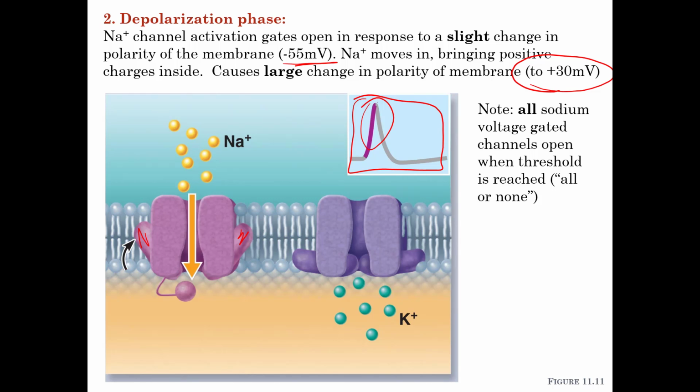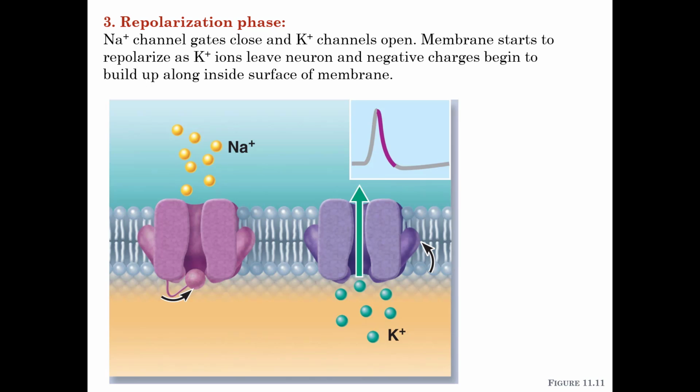Depolarization, or the change to plus 30 millivolts, causes two things to happen. The first thing that it causes to happen is that the sodium channel deactivation gate closes, shown here. Okay, and the potassium channels open. Potassium is then allowed to flood back out of the cell, taking its positive charge with it.